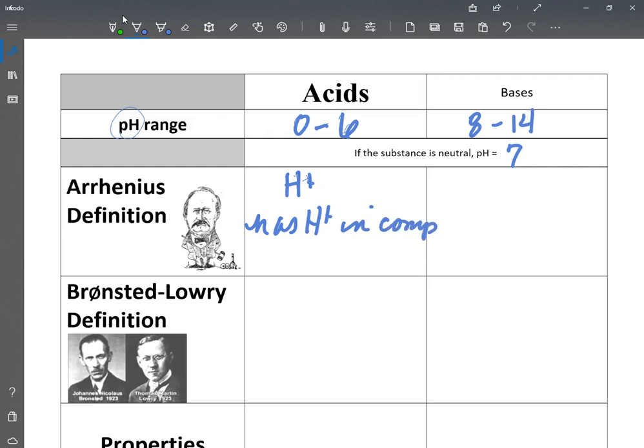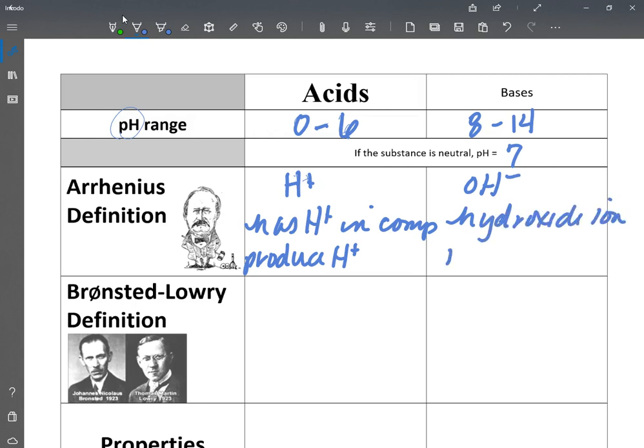So if you dissolve it, it will produce hydrogen ions by dissociation. His definition of bases is that they have a hydroxide ion that is produced when they're dissolved in water.